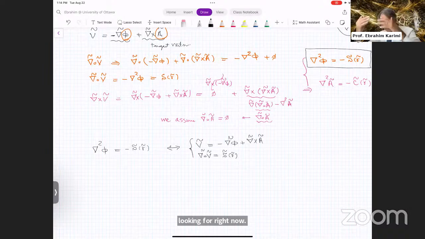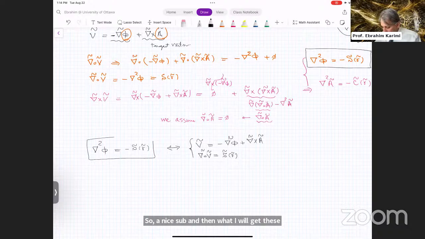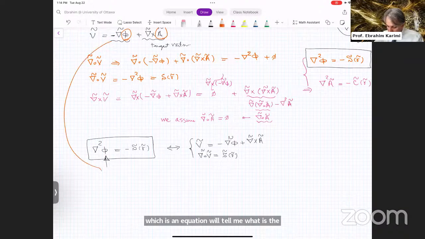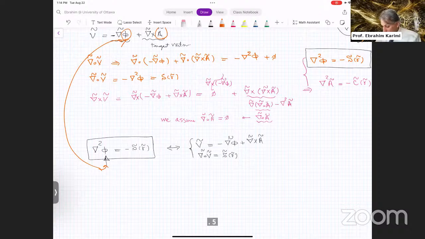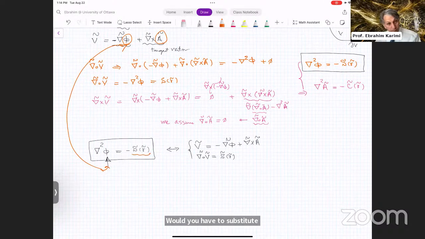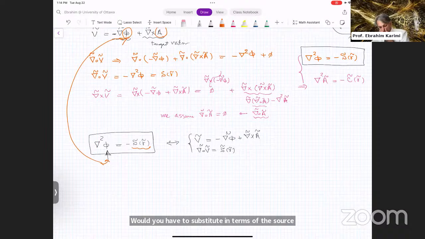I substitute it, and then I will get this equation, which will tell me what is the expression of phi, which I have to substitute there, in terms of the source function. Lovely. No question?